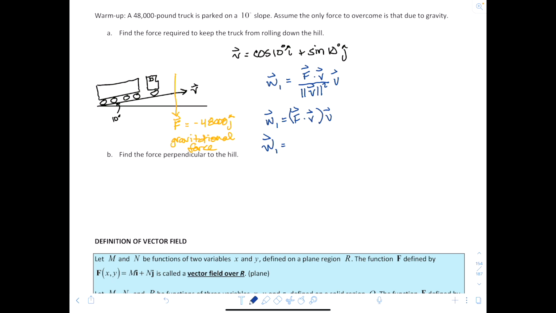So F dot V is going to give us what? We have (0, negative 48,000) dot (cosine 10 degrees, sine 10 degrees).